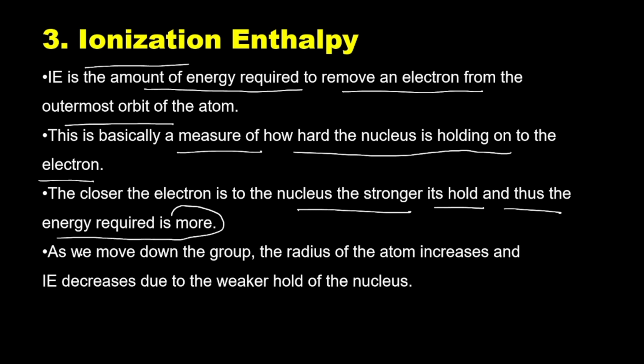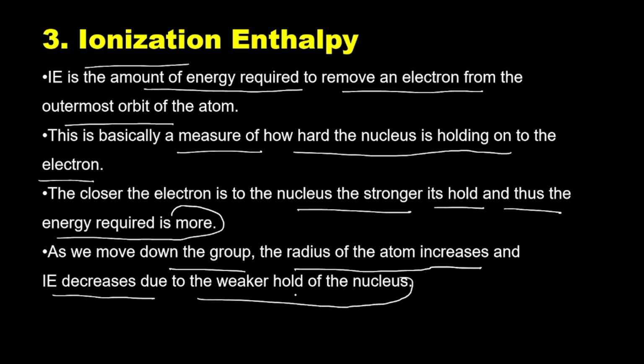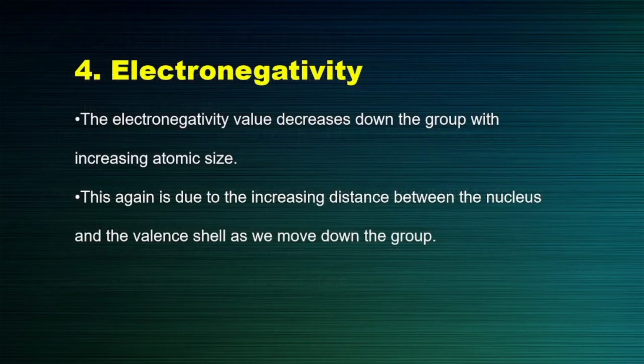As we move down the group, the radius of the atom increases and ionization enthalpy decreases due to the weaker hold of the nucleus. The outer electrons are weakly held by the nucleus.